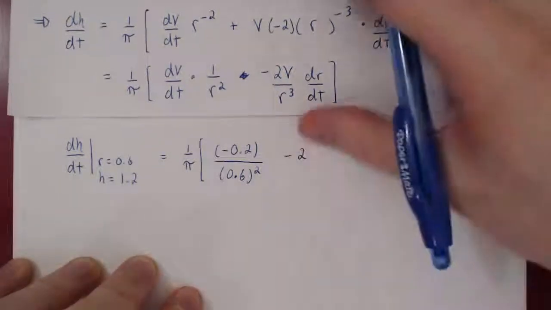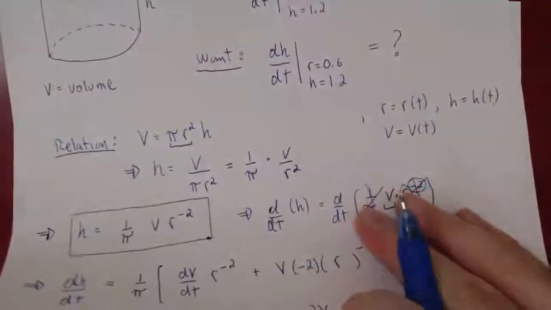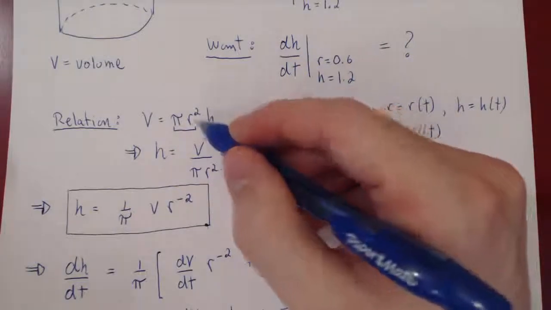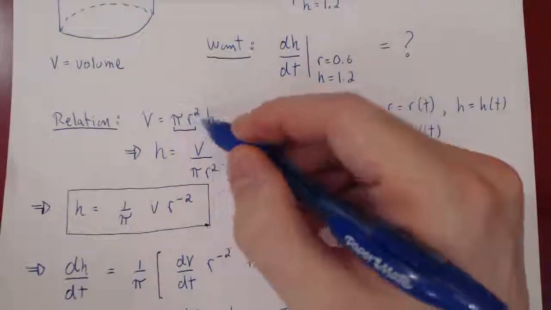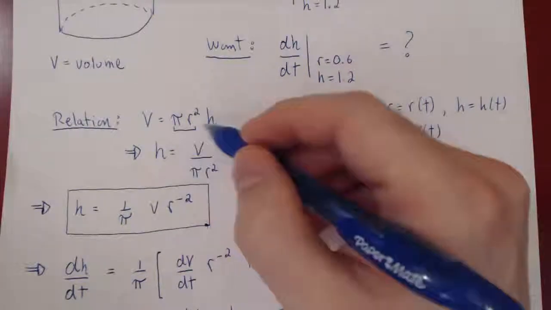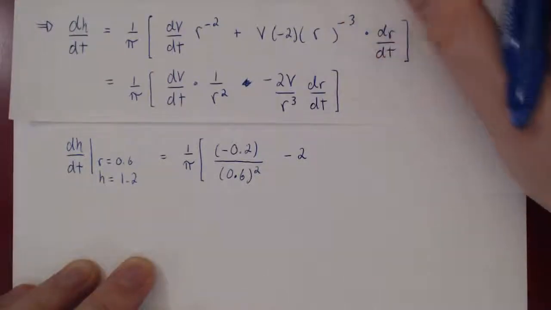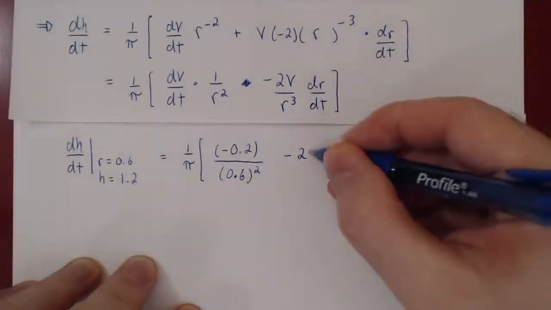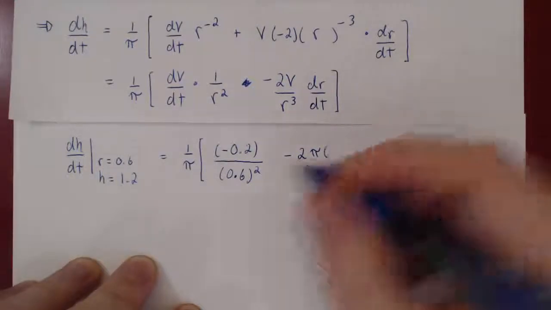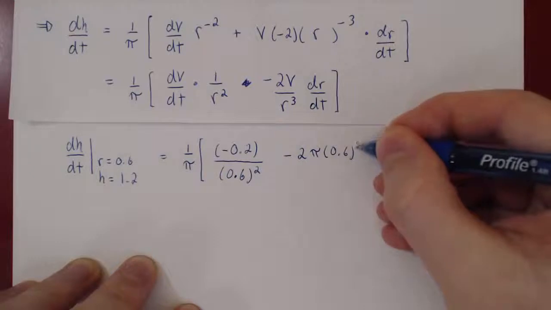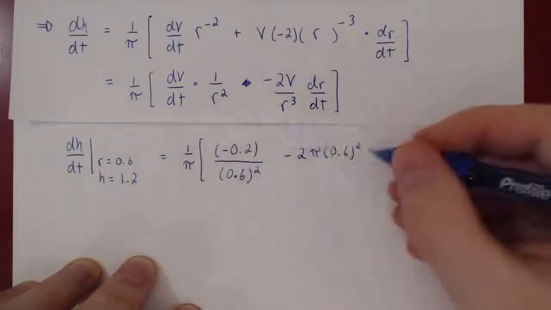But if you remember, this was the volume of the cylinder. The volume is pi r squared times h for any r and h, but here r is 0.6, h is 1.2, so we'll substitute. The volume is pi times the radius squared, 0.6 squared, times the height, 1.2.